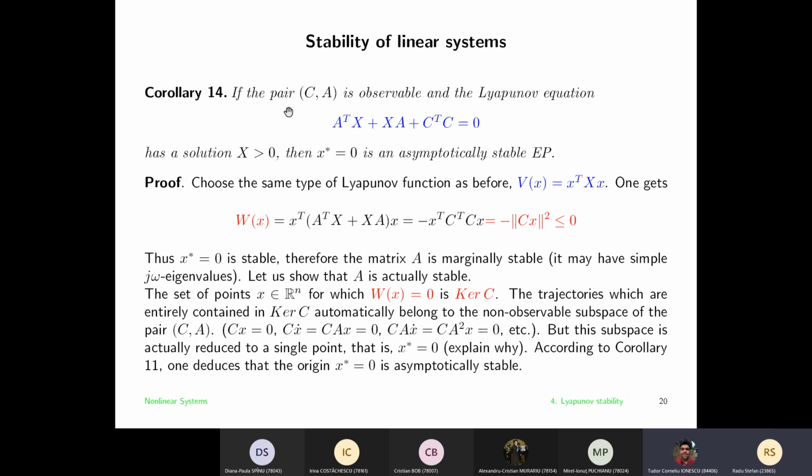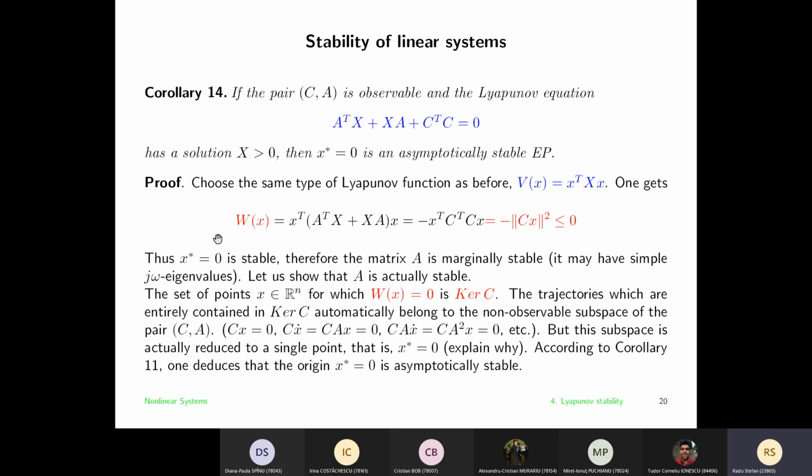So if the pair is observable, and we have a positive definite solution to this equation, then you have an asymptotically stable equilibrium. This is a very nice application of the Lyapunov functions, which are of LaSalle type candidates. So we take this Lyapunov function candidate.